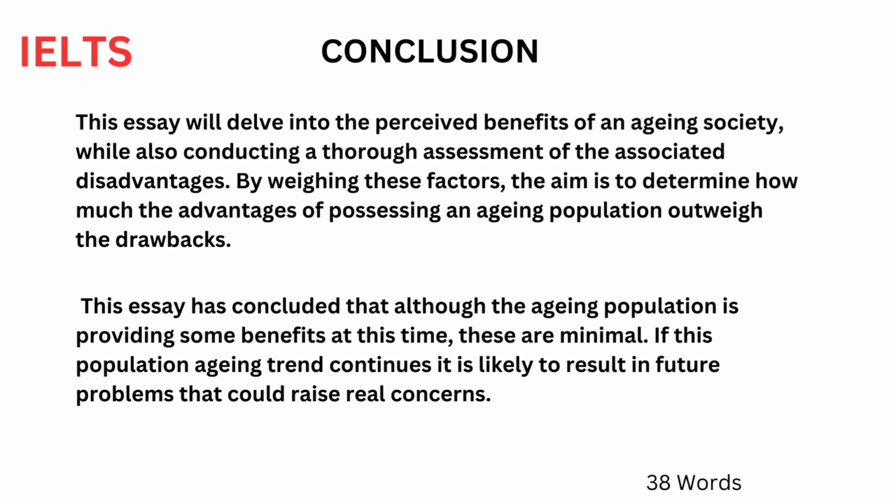Boom, that was our thesis, and that's what we've done. Our conclusion. This essay has concluded that although the aging population is providing some benefits at this time, these are minimal. If this population aging trend continues, it is likely to result in future problems that could raise real concerns. Perfect, perfect.